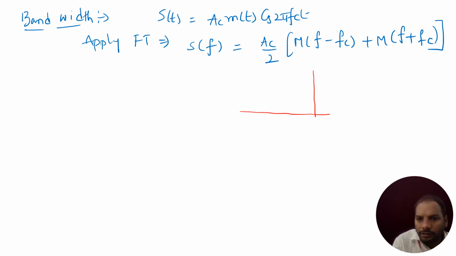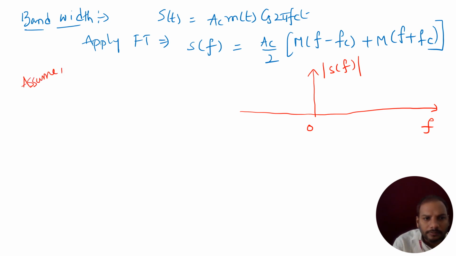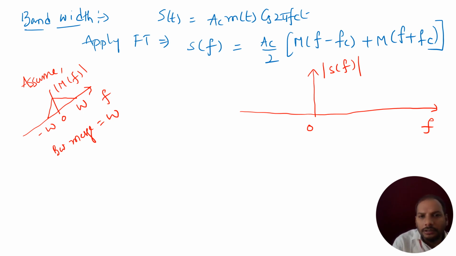Okay, now I will plot the spectrum of this S of f. How can we plot it? Clearly understand here, let this be mod S of f. I don't actually know the spectrum of M of f. So to draw the spectrum of M of f, first of all, as an assumption, this is the spectrum of M of f, which is band limited to W. The bandwidth of the message is W. Now if this is the spectrum of M of f, immediately you draw the first term.